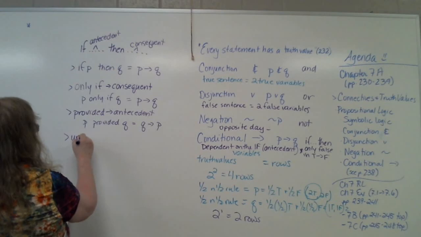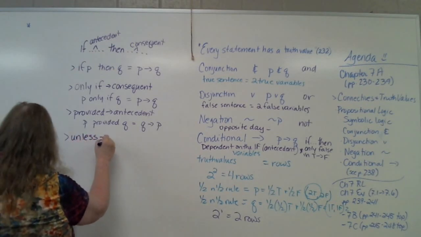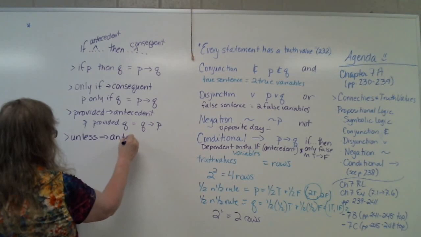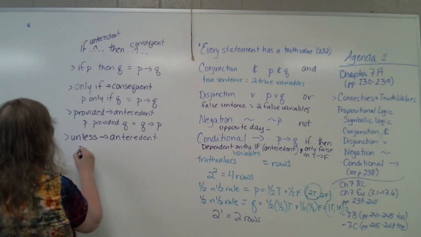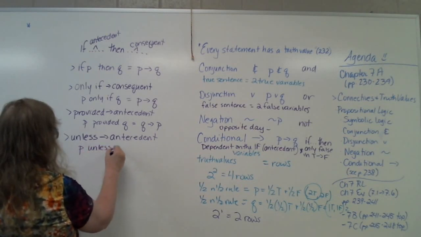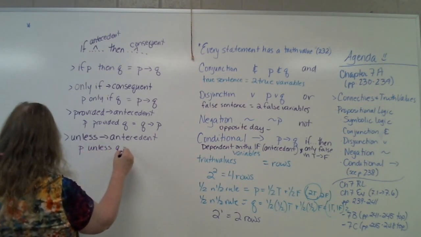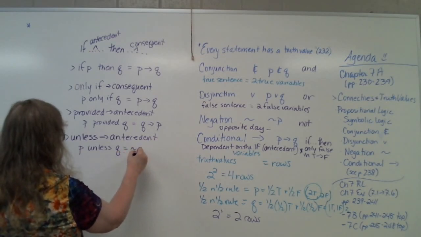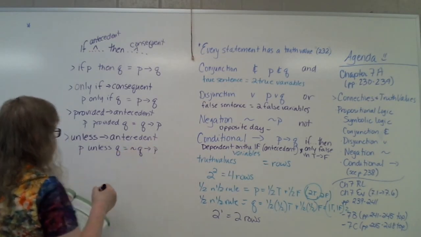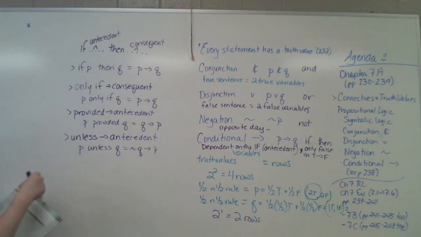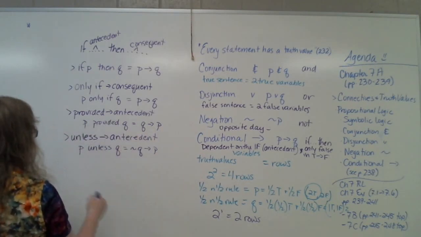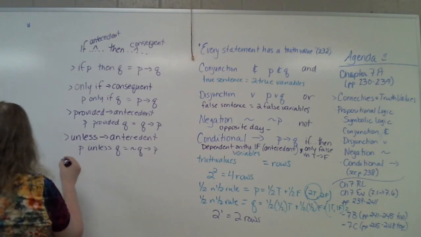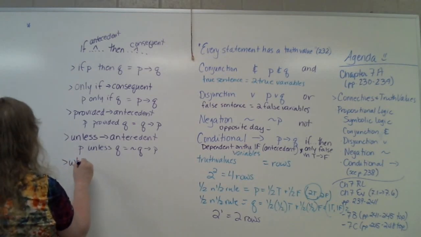Okay, unless introduces the antecedent. But it does something funny too. So P, unless Q, looks like this. Not Q, then P. Okay, it's that un part there, unless. So it's if not Q, then P. The other one that we see a lot is whenever.